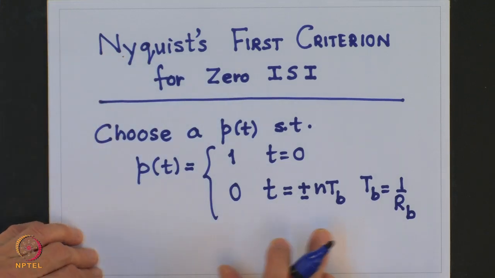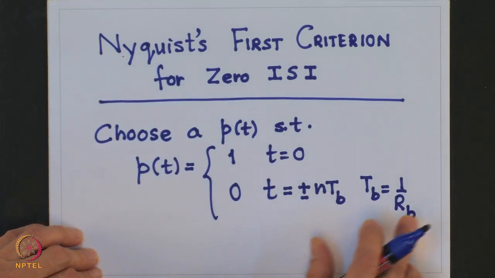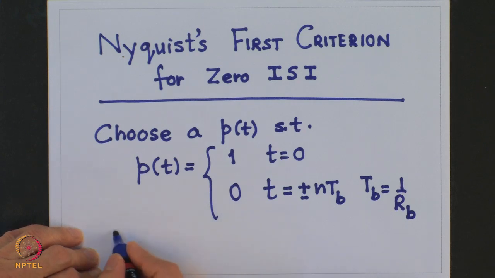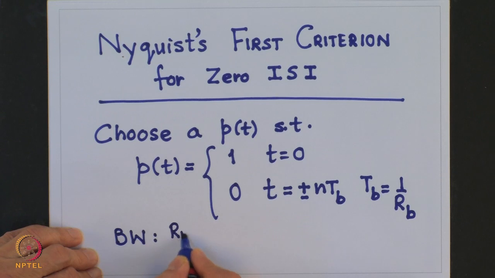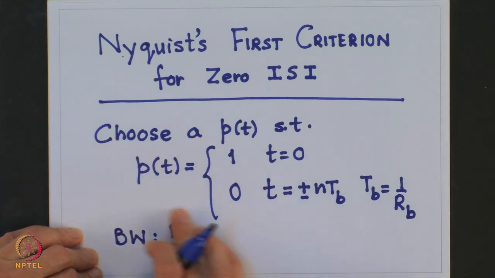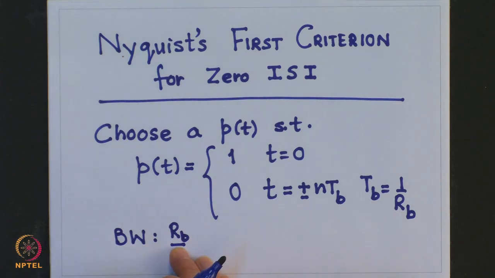Now we know that for transmission of Rb samples per second, the theoretical minimum bandwidth required is Rb by 2. So it would be nice if the above p(t) had this minimum bandwidth of Rb by 2. So the question is, can we find such a pulse? And the answer is very simple.